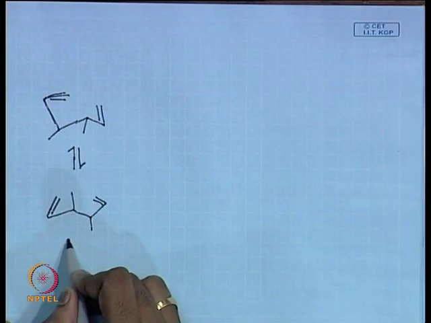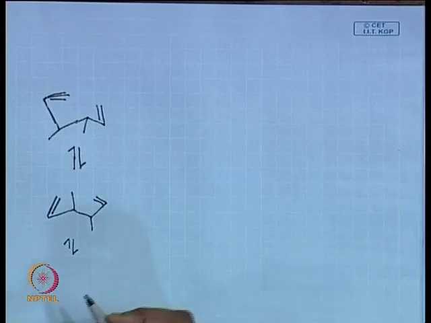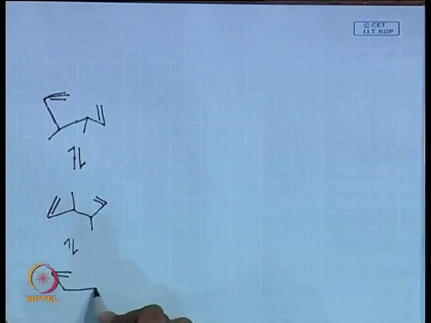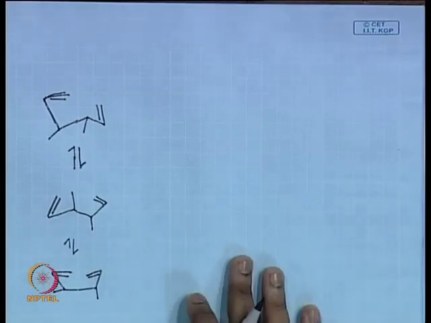Another I can think about is what? It can be in a boat form also. You have studied this for your cyclohexane. See, these three ways I can write your structures.